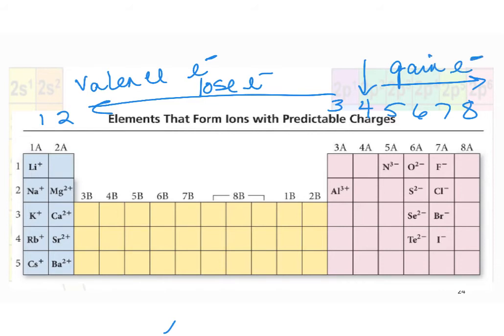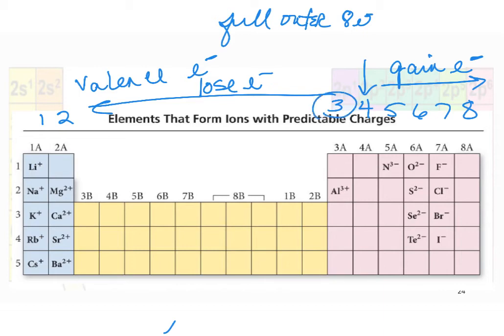Now, you may remember learning in high school that all elements, all atoms, like to have a full outer shell. A full outer shell contains 8 electrons. So basically, every atom on that periodic table would like to have 8 valence electrons. How do they achieve that?